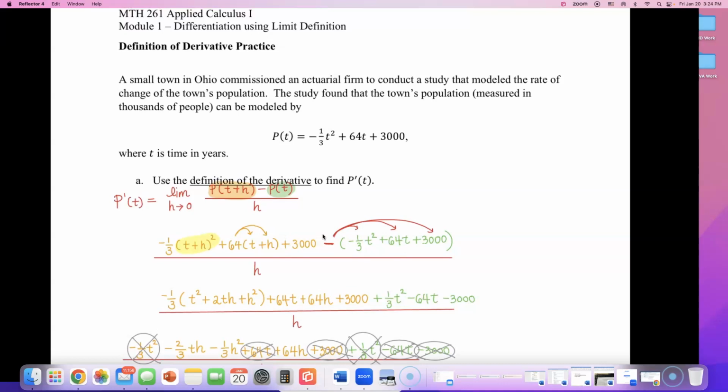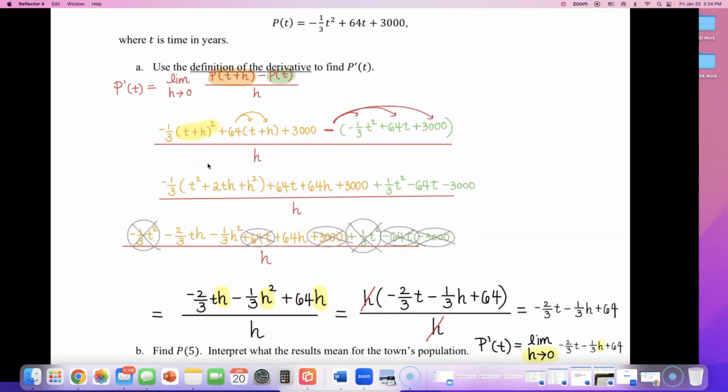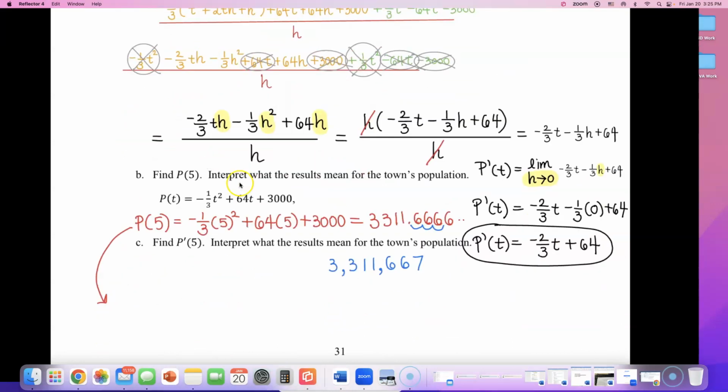I'll just be general because they didn't really say T years from a certain year. They just said in T years. So in 5 years, this town will have over 3 million people. Okay, so that's going to be the interpretation of my answer here.